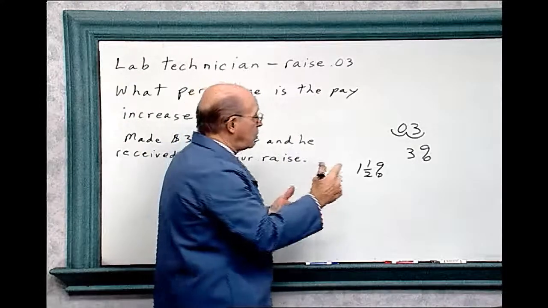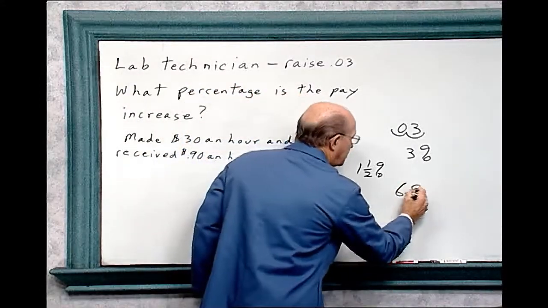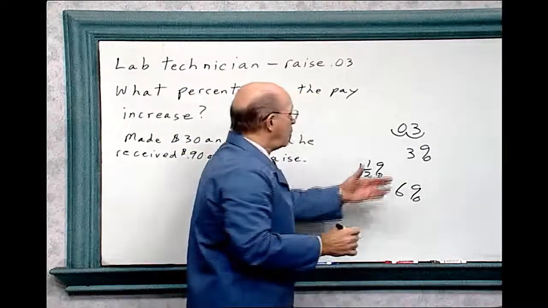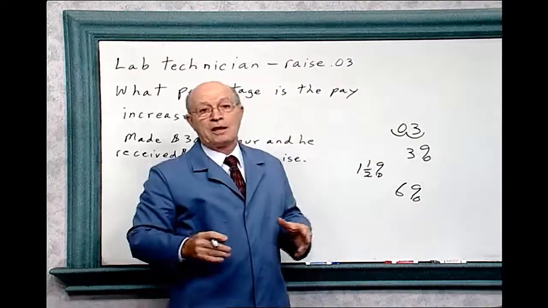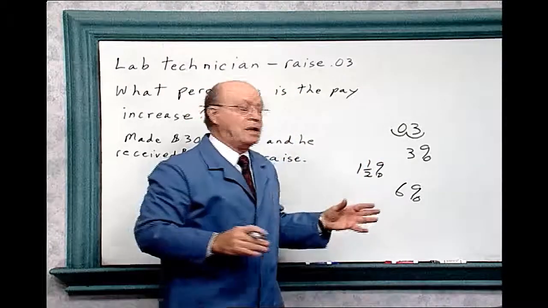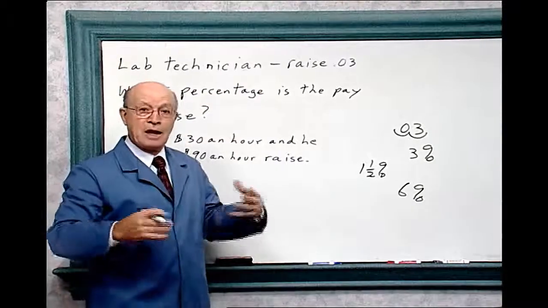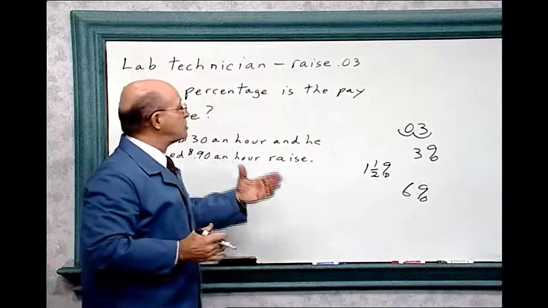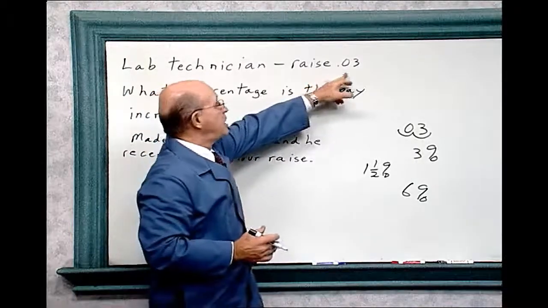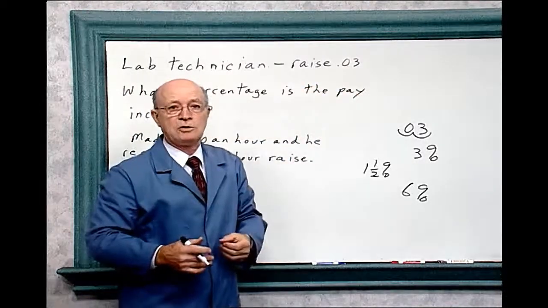And sometimes the cost of living is 6%, and he only got 3%. Hey, boss, I didn't make enough money for cost of living. Instead of giving me 90 cents an hour, I think I should get $1.80 an hour. And so it's good to know how to convert decimals like this into percentages.